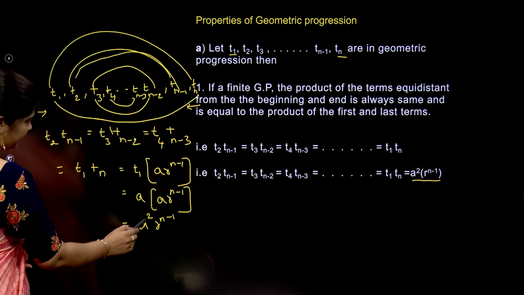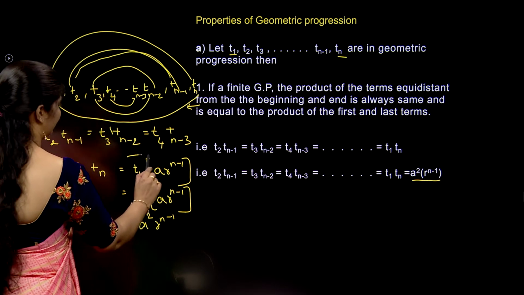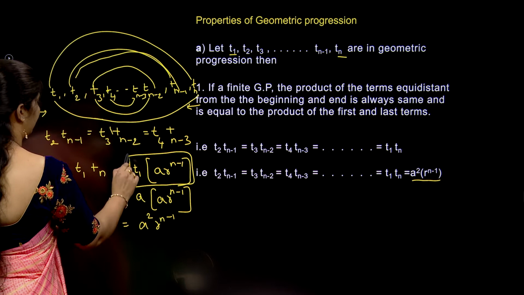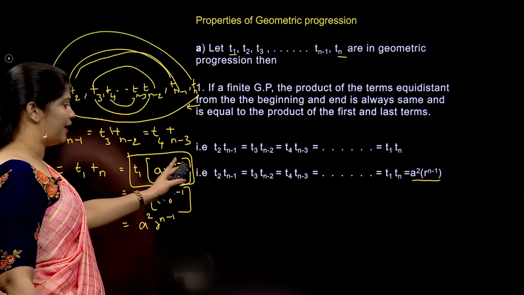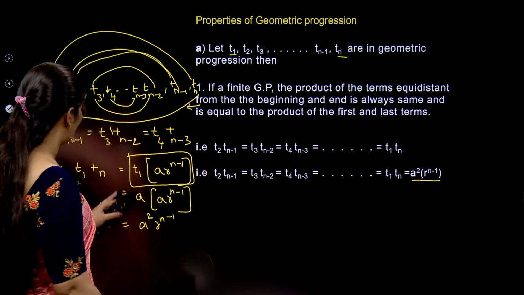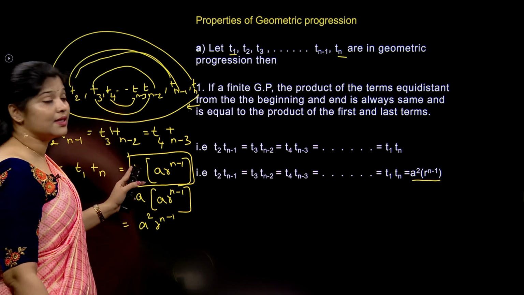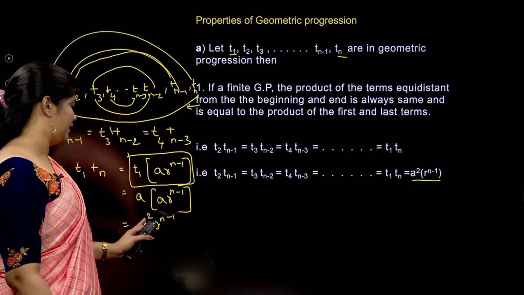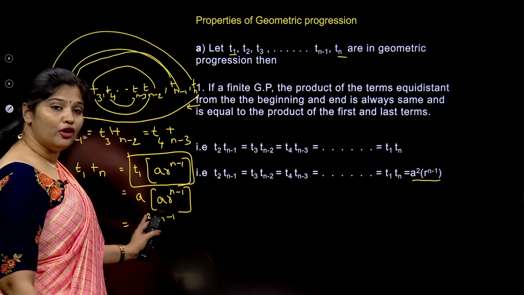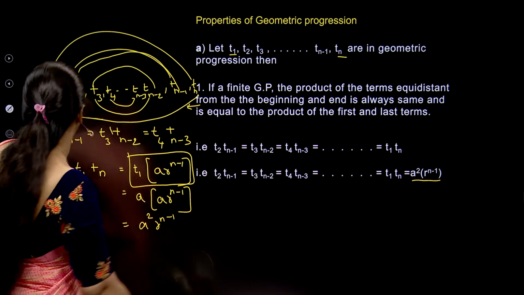So here T1 Tn, where Tn is A r power n minus 1 and T1 is the first term A, equals A square into r power n minus 1. This is our first property.